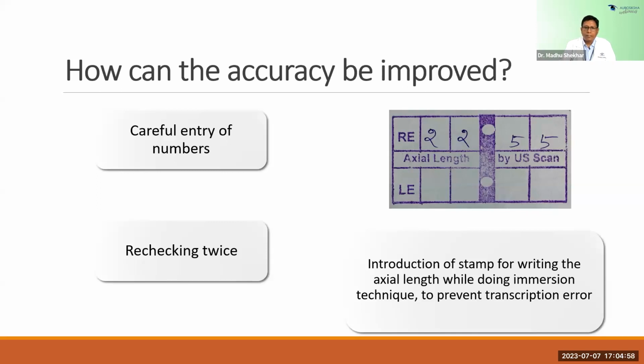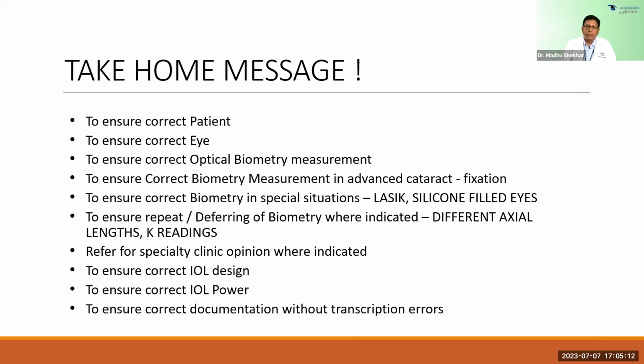So careful entry of numbers and rechecking it twice, you can recheck whether you have entered the data correctly or not. This will prevent transcription error. These are a few examples, but we have so many examples which we discuss regularly in our biometry meeting to improve our accuracy.